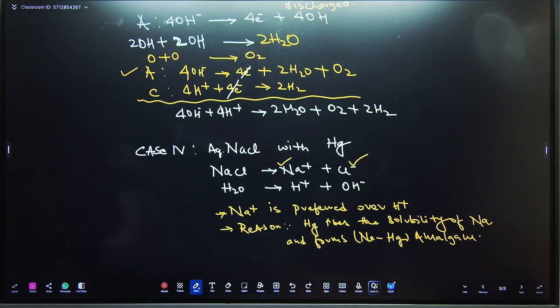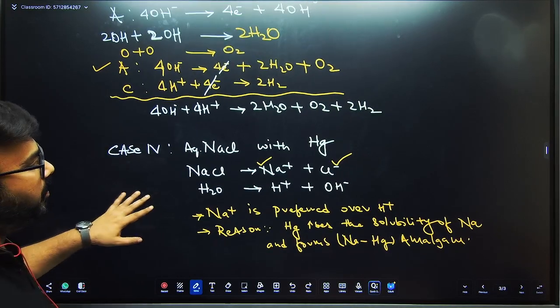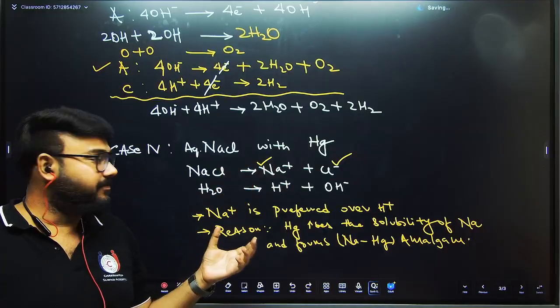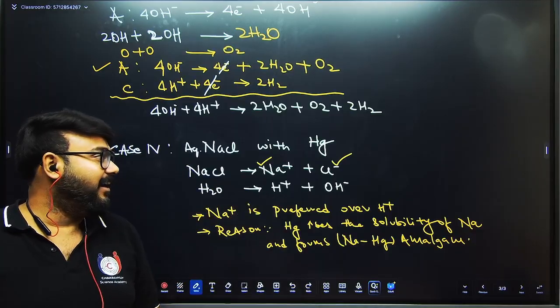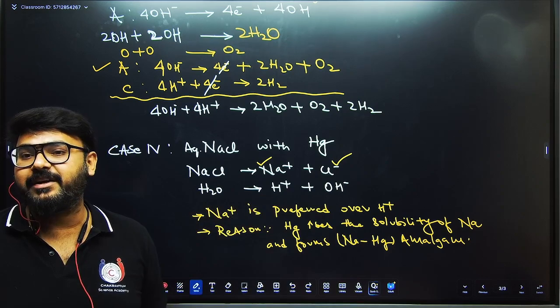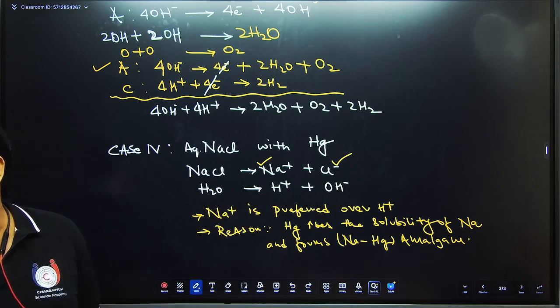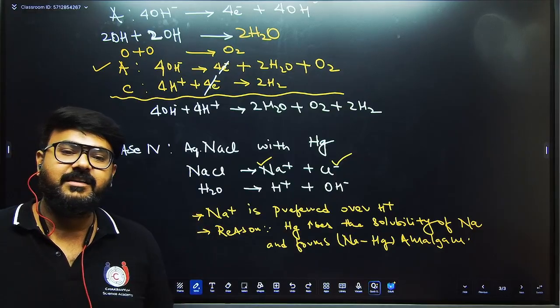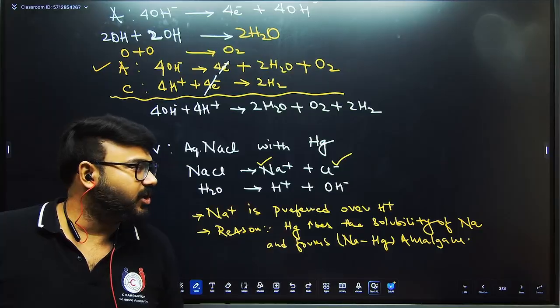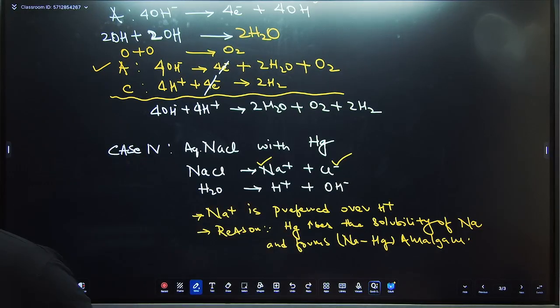So because of mercury, see, mercury did not affect the anode reaction. Mercury affected the cathode reaction where it increased the solubility of Na. Hence, Na was more preferred over H plus.